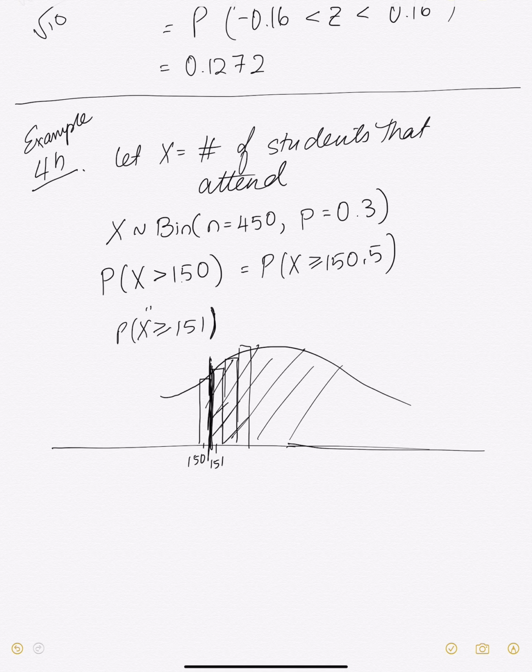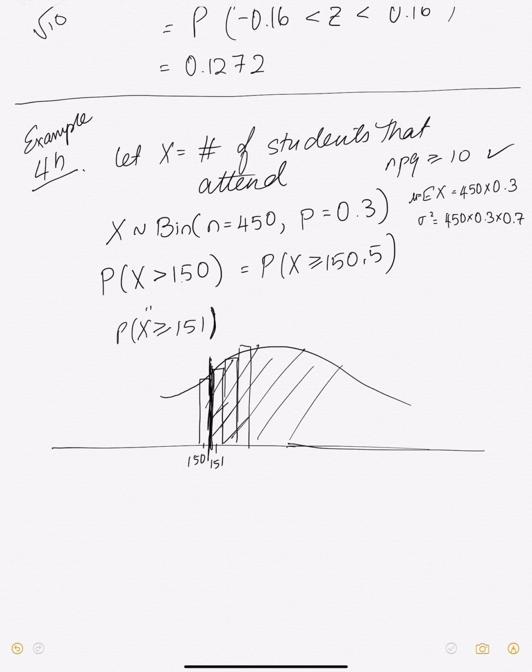Now we'll do normal approximation because npq, you can check, is bigger than 10. So what do we need? We need the mean of X. Mu will be the mean, and that will be 450 times 0.3. And the variance will be 450 times 0.3 times 0.7.